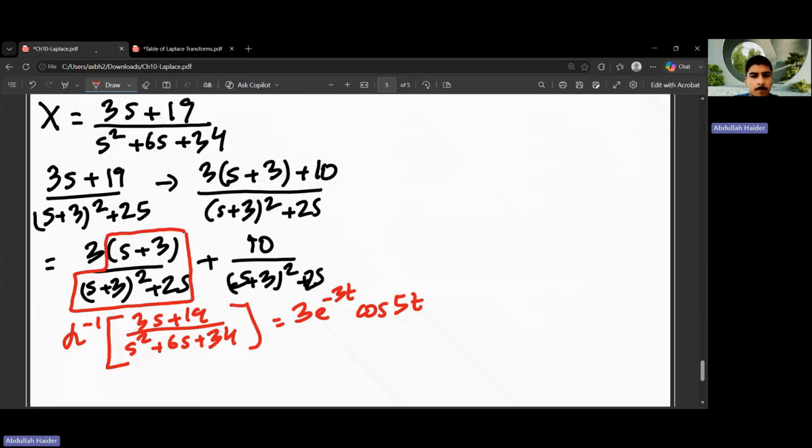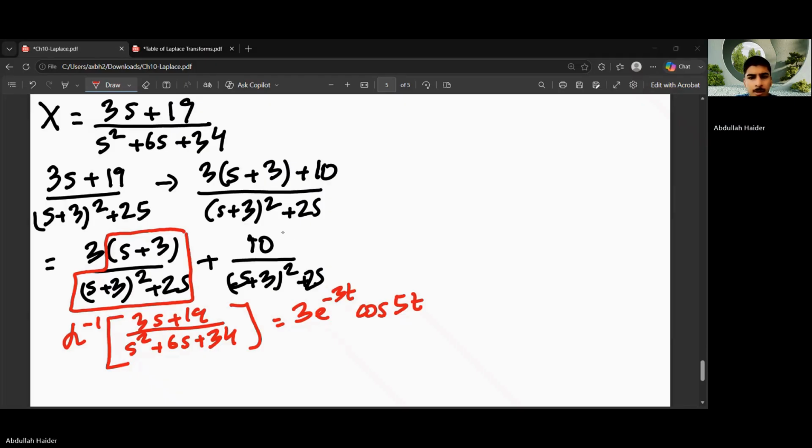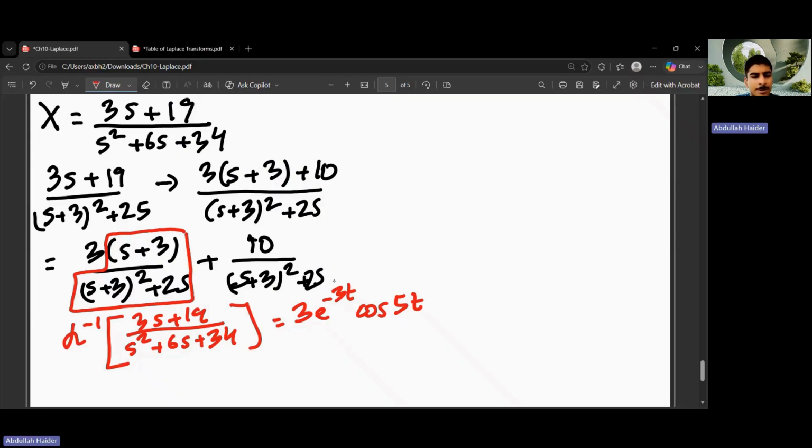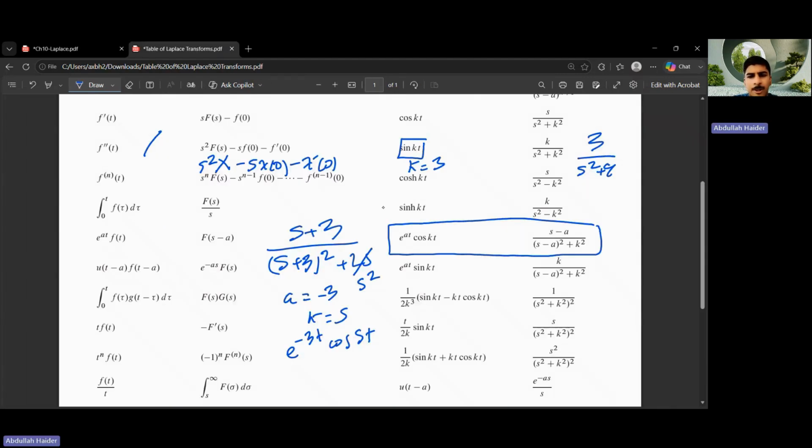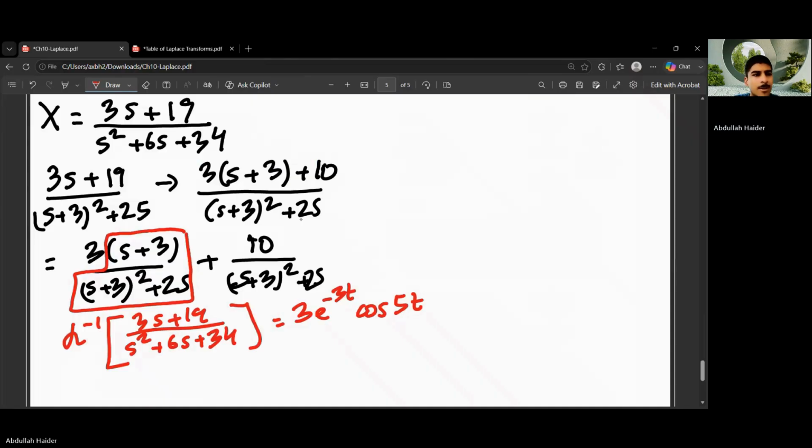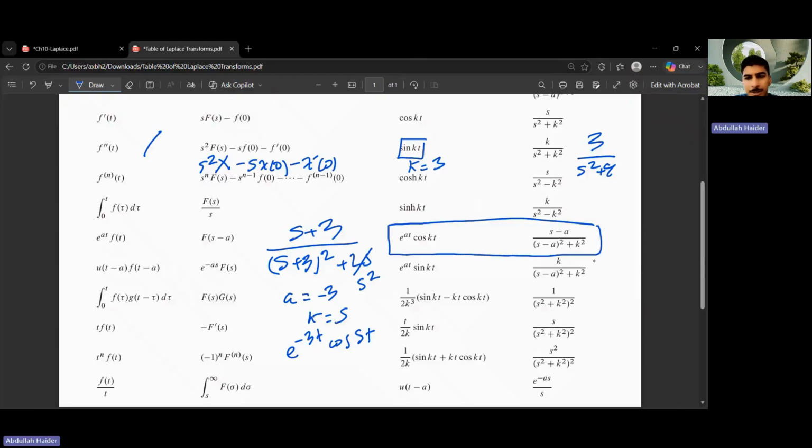And now for this one, we have 10 over (s plus 3) squared plus 25. This time we have a constant. So in reality, we can use this one. To be honest, you really need some practice on knowing which formulas to use.